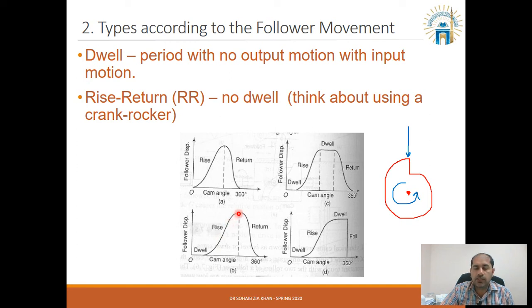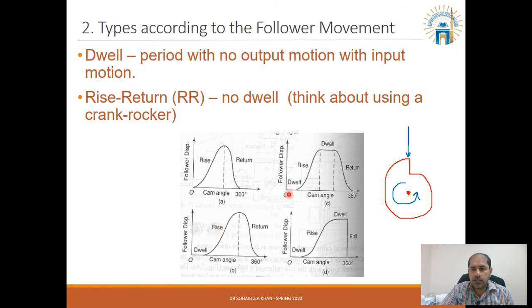Because of this, it forces the follower to rise. At a certain angle, it reaches the maximum value and then returns back. This is one complete rotation of the cam. If the cam keeps moving, then again there is a dwell, then rise, then return, then again a small portion of dwell, and so on. This will keep repeating itself.